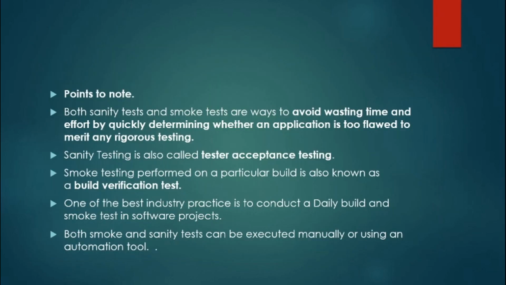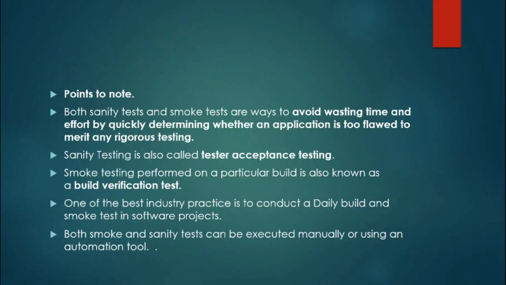Okay. Now, there are some points that need to be noted when we are talking about smoke and sanity testing. Both sanity testing and smoke testing are ways to avoid wasting time and effort by determining whether an application is ready to be put through rigorous testing.